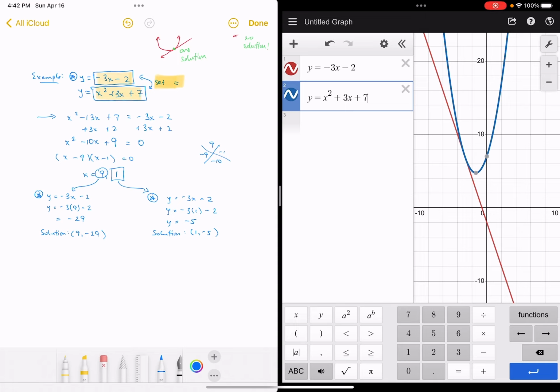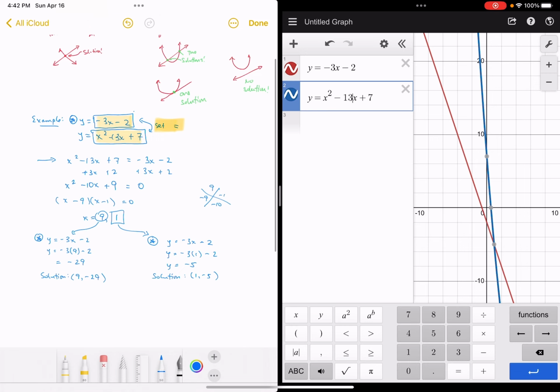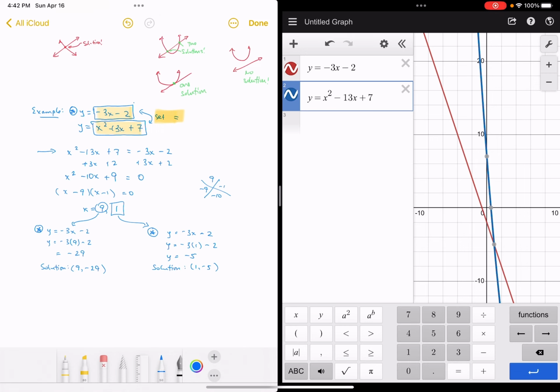That's not plus 3x, it's minus 13x. Sorry, that looks sloppy. There we go. So this here on the left is a minus 13x.